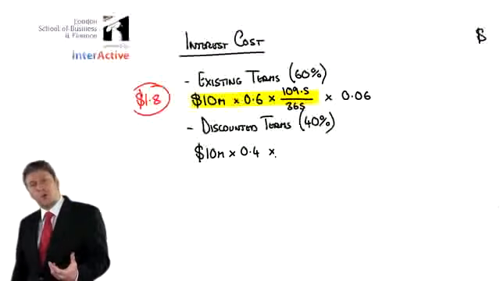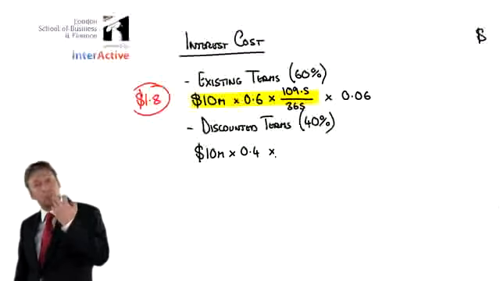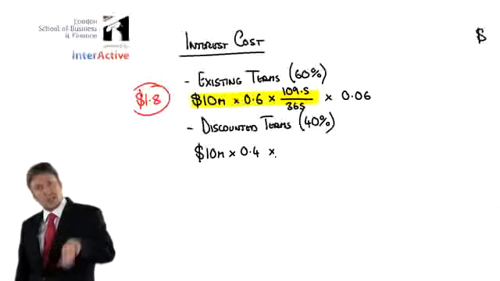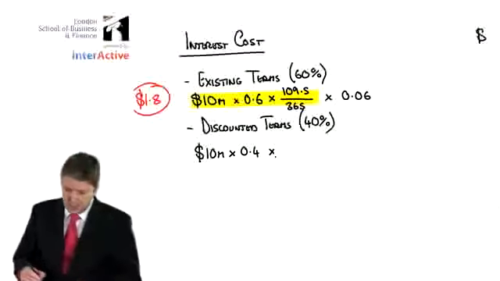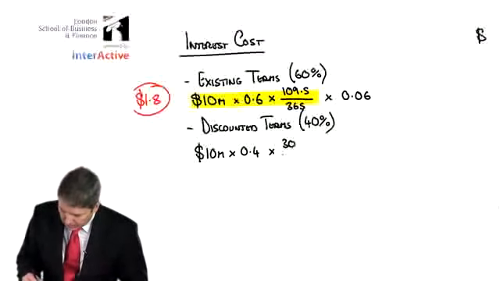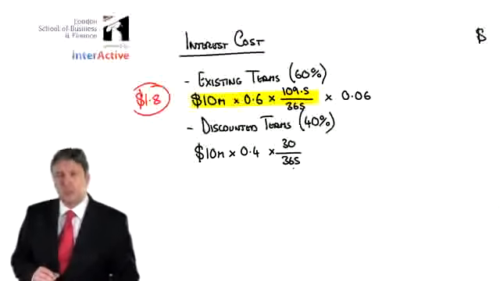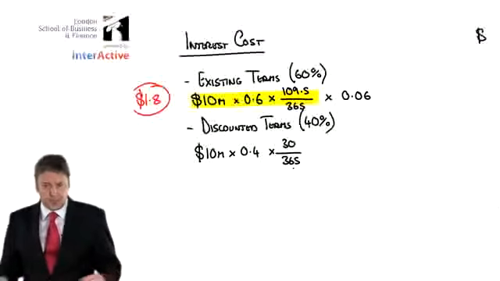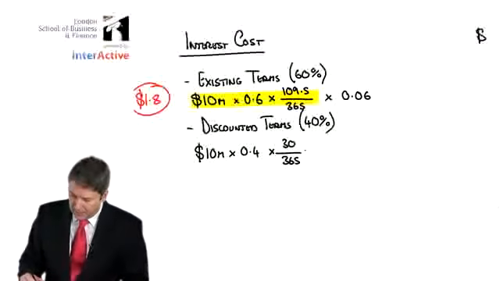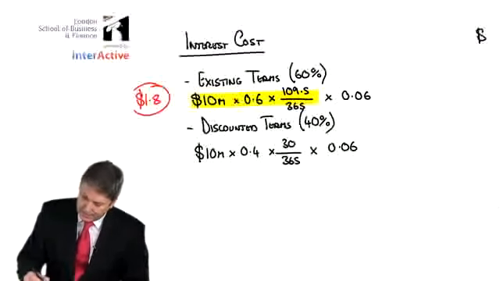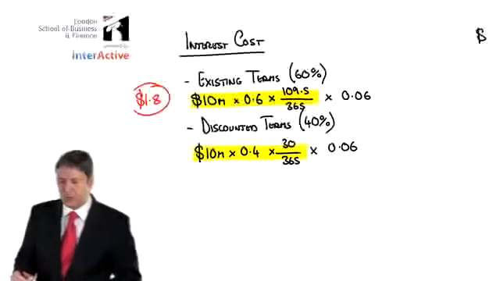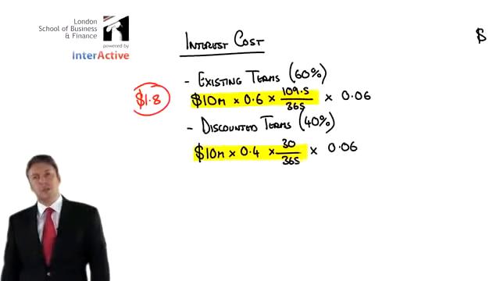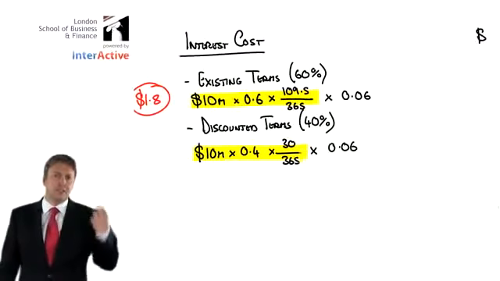Well, yes, first of all, what we want is our receivables balance. And we're suggesting that people here are paying over 30 days. So we multiply by 30 over 365. And once we've got that figure, our receivables balance, then we multiply by the interest rate. Again, I focus on the receivables balance first. Multiplying by the interest rate is not going to be difficult.